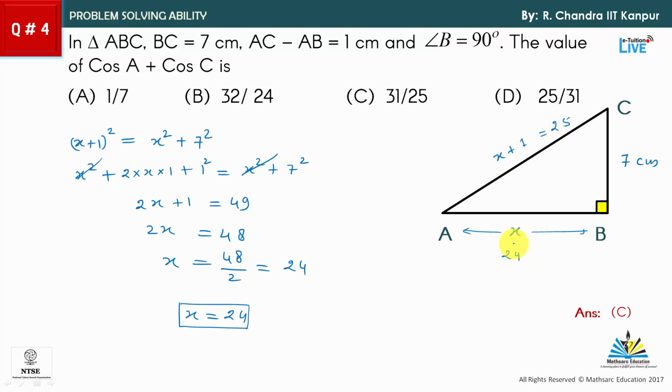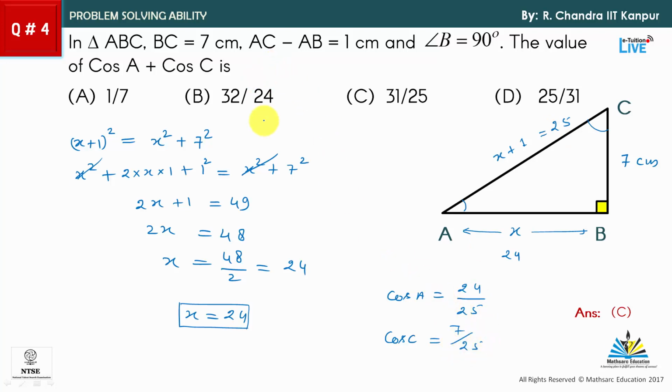Now what we need to find is cos A. For this, cos A is equal to base upon hypotenuse, that is 24 upon 25. Now cos C means for this angle C, the base must be this 7 upon 25.